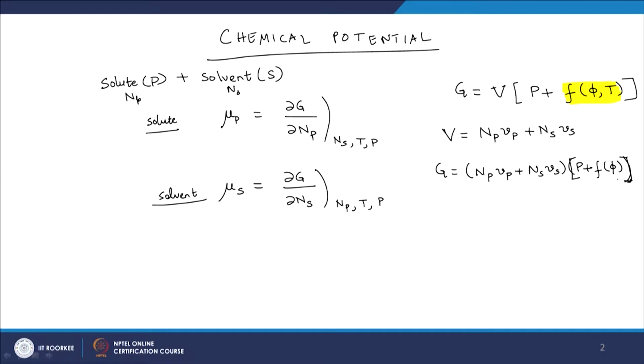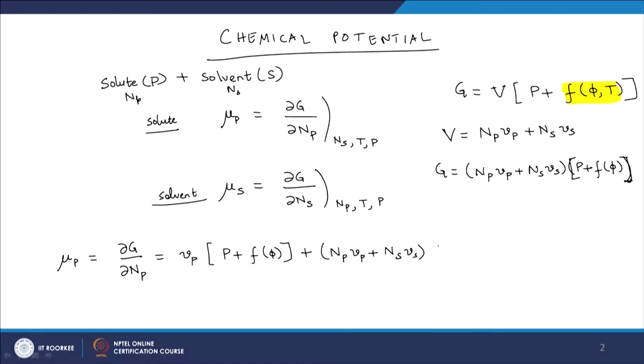Okay. So now if I want to get mu p, that will be dou G by dou Np. Using that particular function and the chain rule, what we have is Vp multiplied by P plus f of phi, plus Np Vp plus Ns Vs, and of course, pressure is not a function of the number for a liquid.